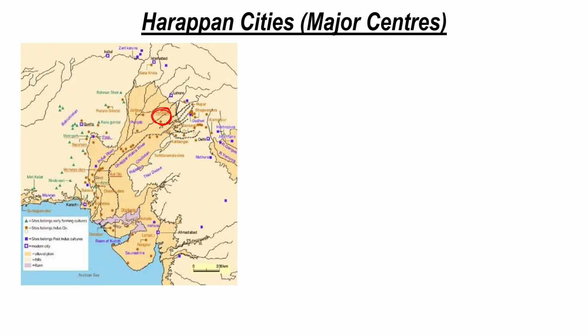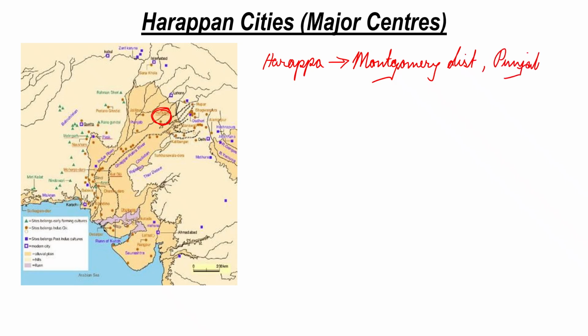Harappa is in Montgomery district of Punjab, which is presently in Pakistan. Okay, this Punjab does not mean Indian Punjab. It means the portion of Punjab which is in Pakistan, mainly the western portion.